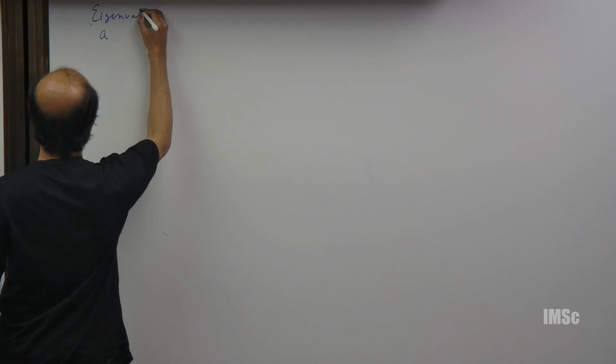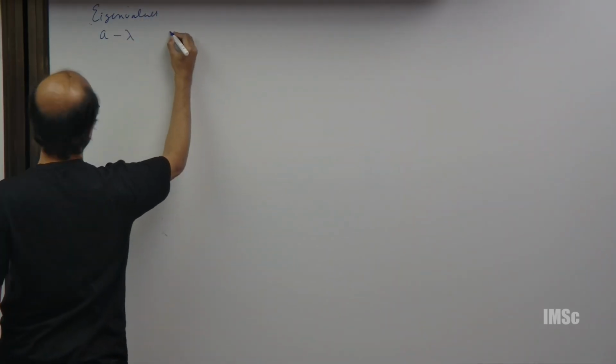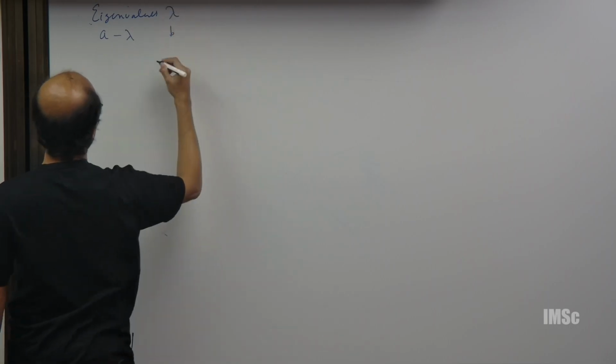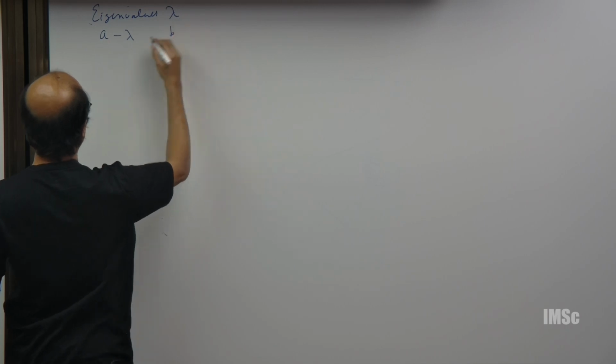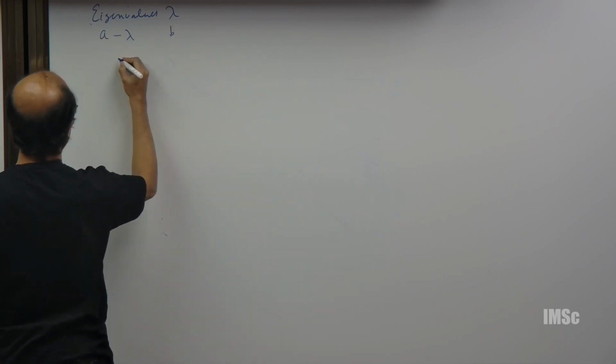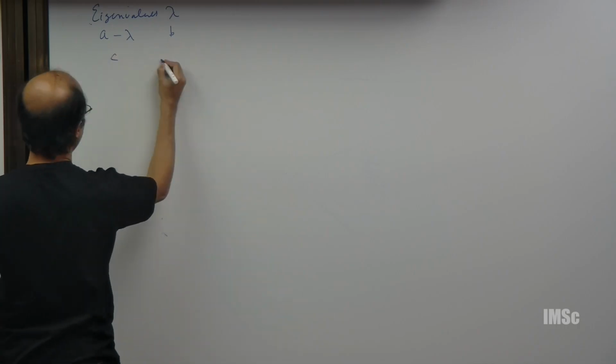Well, if you know it, fine. If you do not know it, it is simply this. There will be two eigenvalues for a 2 by 2 system. Let us call this unknown thing lambda, and I will evaluate the determinant of A minus lambda, B, and C, D minus lambda.